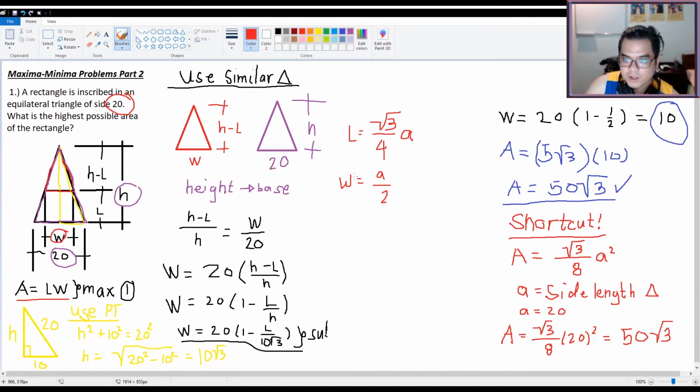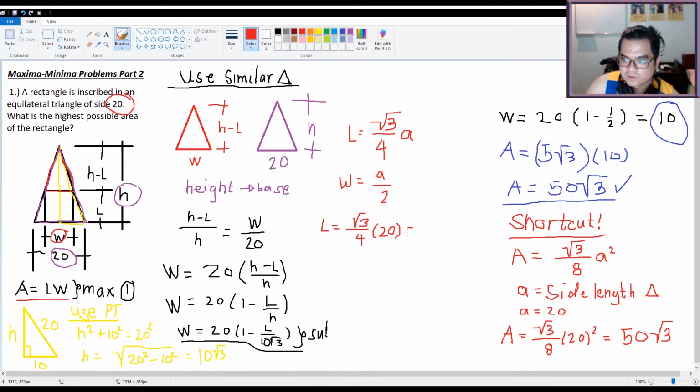So if you apply those to this example, your length will be square root of 3 over 4 times 20. And then 20 over 4 is just 5.